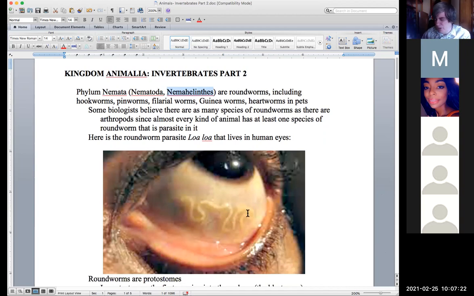You can probably see Loa loa here. It's coiled up. Loa loa lives in the blood vessels in the cornea of the human eye. So when people have this, you can actually sometimes see this swimming through their eye.